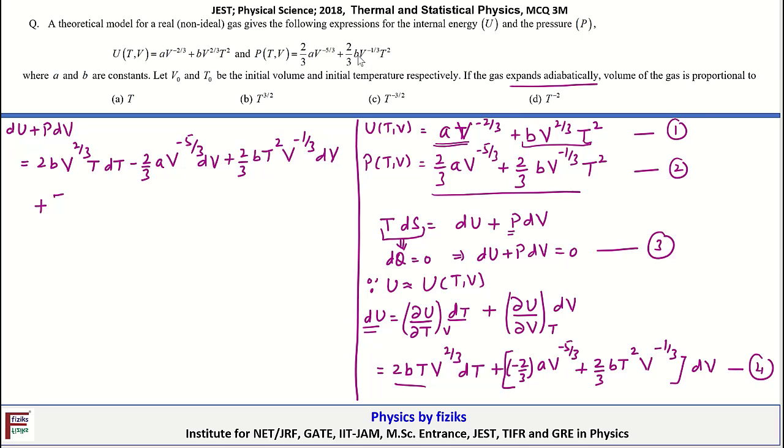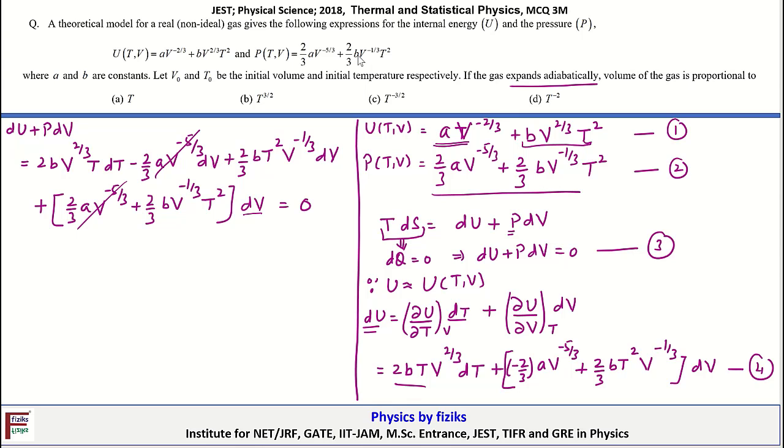So that means 2 by 3 a v power minus 5 by 3 plus 2 by 3 b v power minus 1 by 3 t square, and this multiplied by dv, and that should be equal to 0. Some of the terms will cancel, so this will cancel with the first term, because dv is outside.